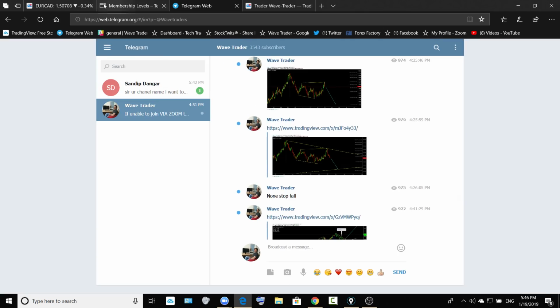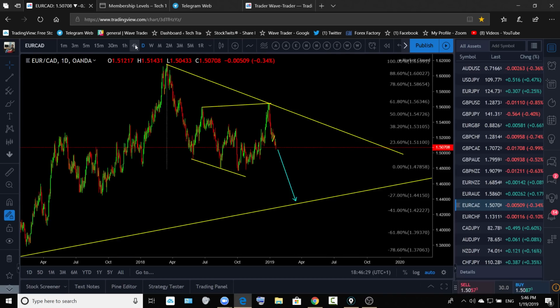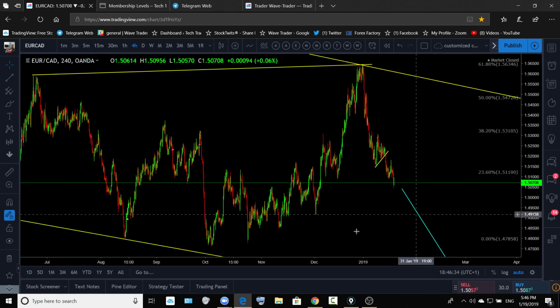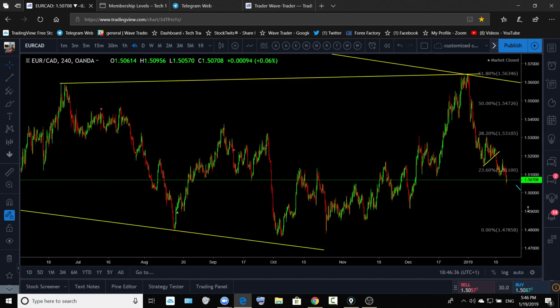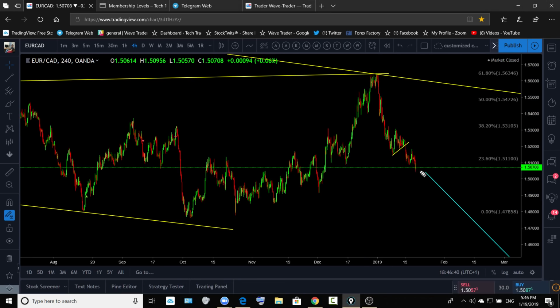So next week there is the ECB press conference. Just make sure you trade with care on the EuroCAD. What you can look for is just continuation. Another correction over there and continue to go lower back to that bottom. You hit that bottom or a new low.